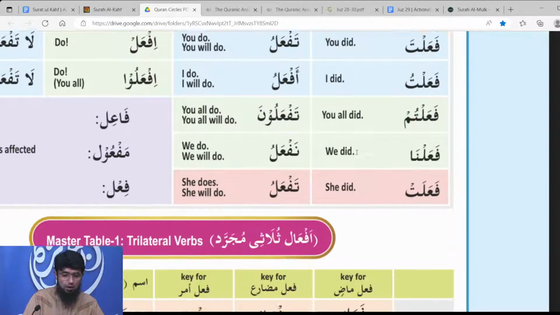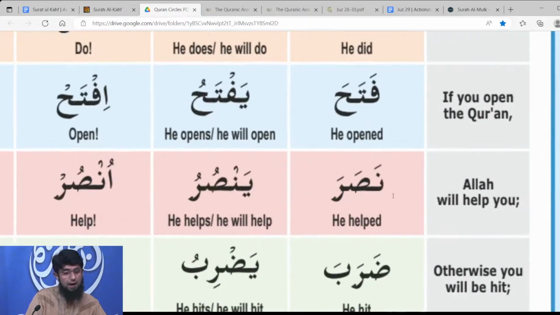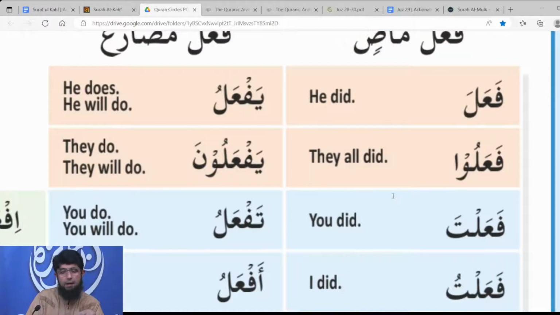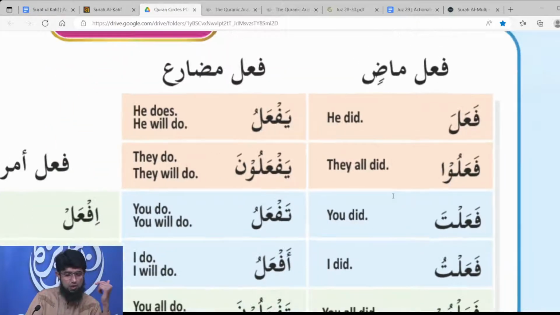So to give a concrete example, if the word was, let's say, nasara, what is the fa representing? What are the root letters for nasara? Noun, sad, ra. So here it's representing fa, ayn, lam. So fa, ayn, lam, or noun, sad, ra. Everything is just showing you that pattern.